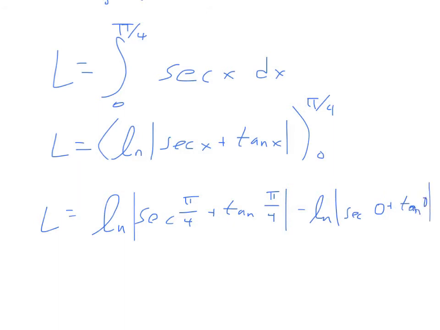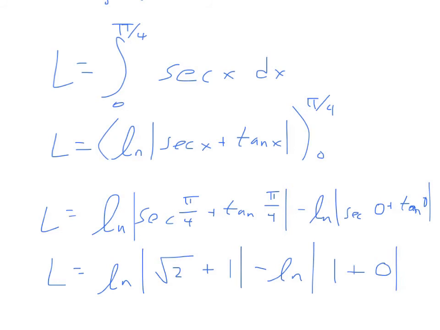Sorry for the horrible handwriting there at the end. Now it's just a matter of evaluating this. The secant of pi over 4 is 1 over the cosine of pi over 4, which ends up being the square root of 2. The tangent of pi over 4 is 1, minus the natural log. The secant of 0 is 1 over the cosine of 0, so 1 over 1 is 1, plus the tangent of 0, which is just 0.